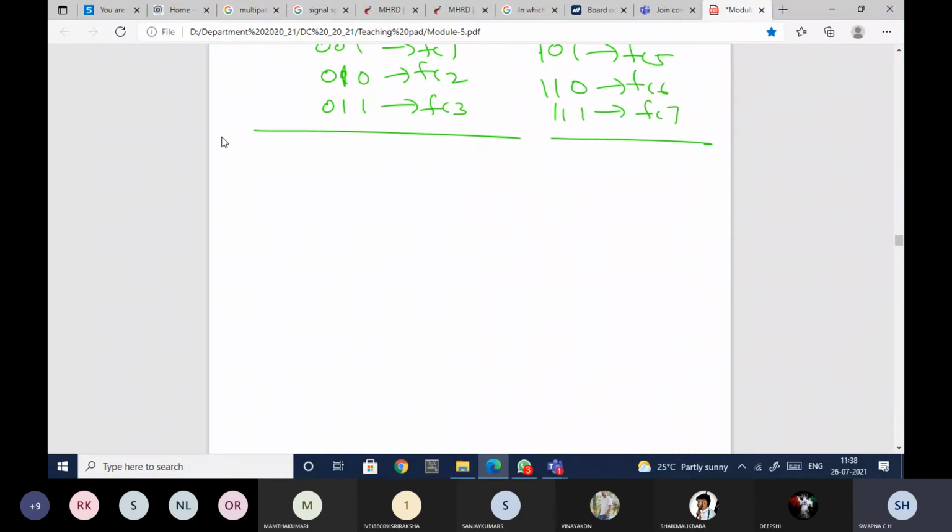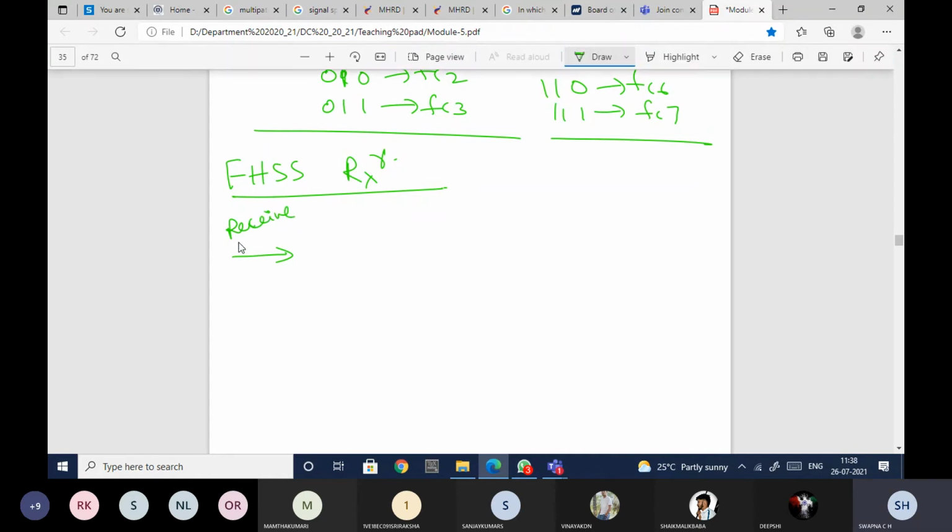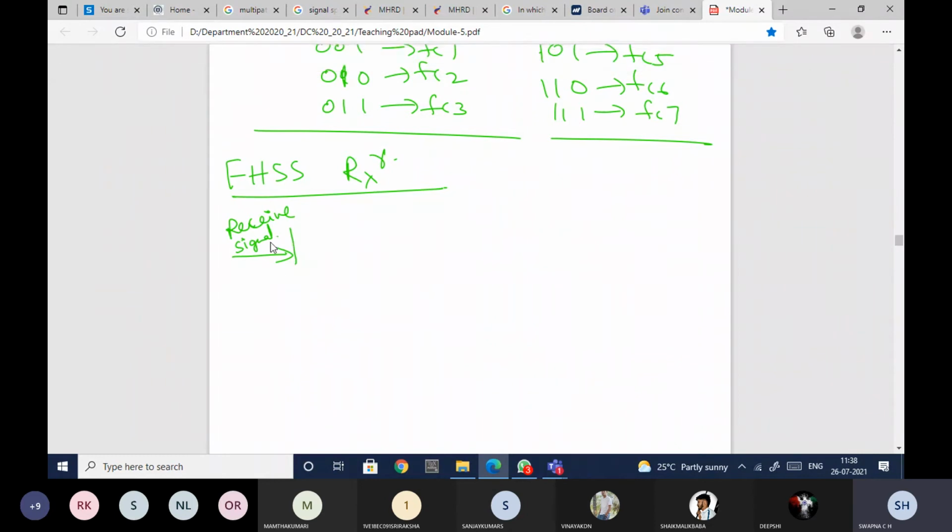Now again I have to take the FHSS receiver. My receiver should be in this way. It should receive the signal. This received signal should then be given to the mixer.